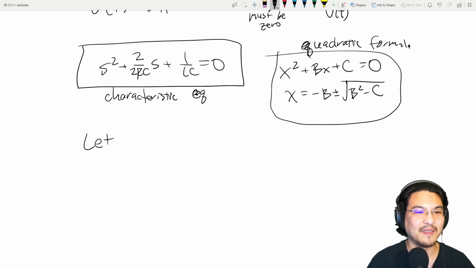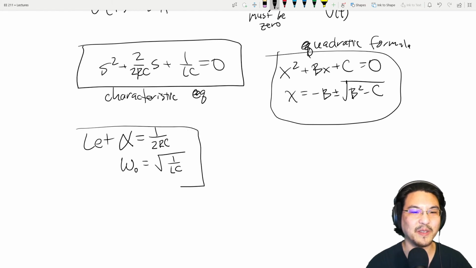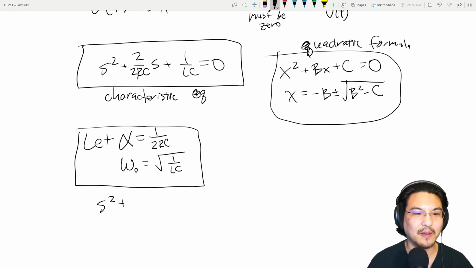So let alpha equal whatever is right over here, so 1 over 2RC. And then I'll do another substitution: omega naught equals the square root of 1 over LC. Okay, so if I do these substitutions, the characteristic equation will turn into this.